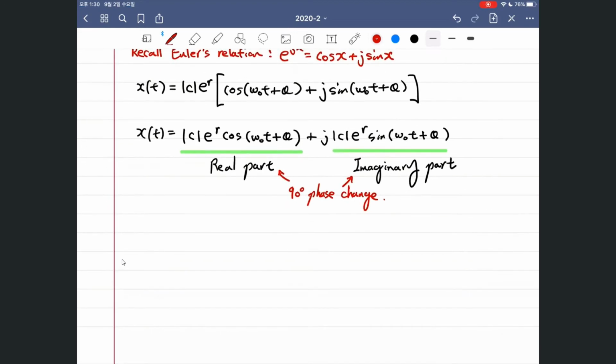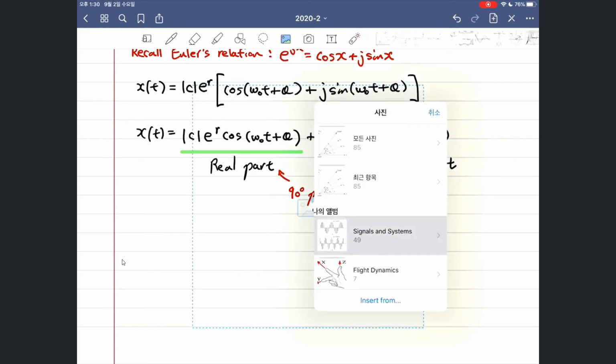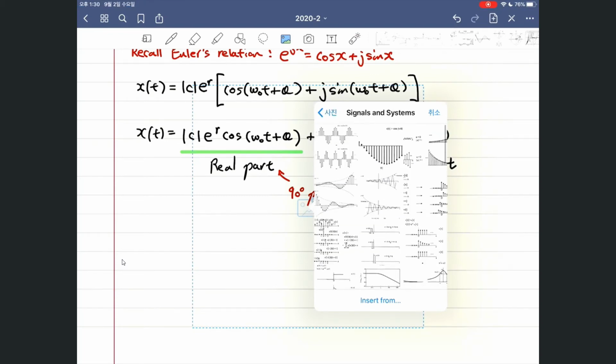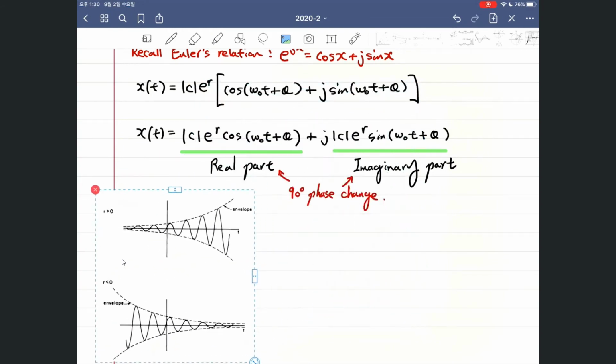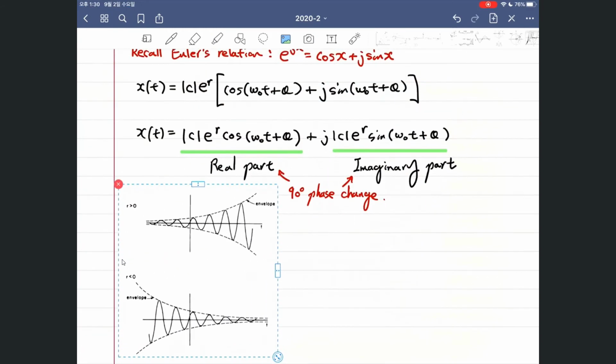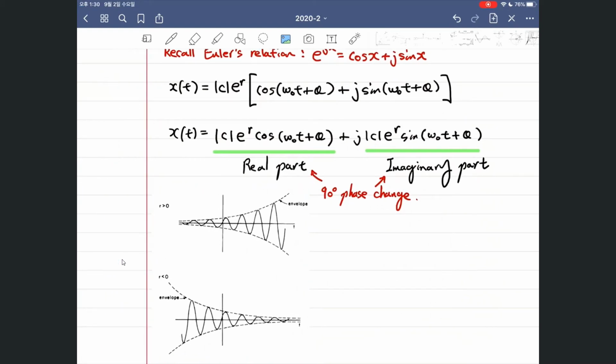And if you plot this equation in the time domain, then you would have this kind of graph here.